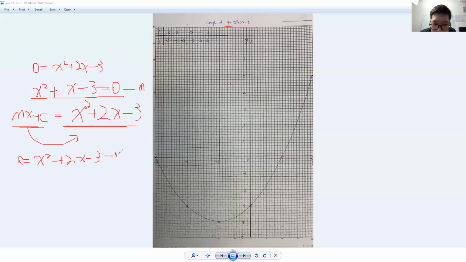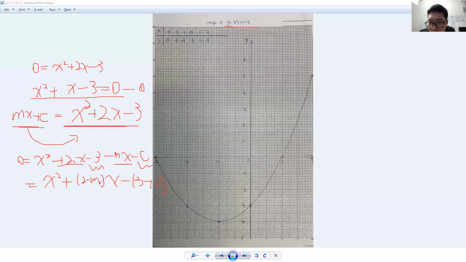After that, regroup all the x terms and all the constant terms. So we have x² + (2 - m)x - (3 + c).